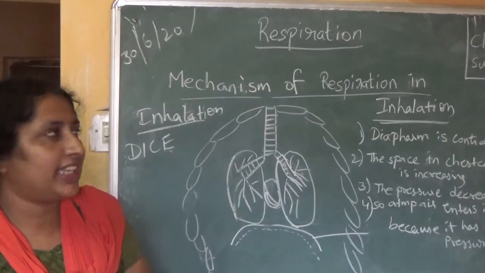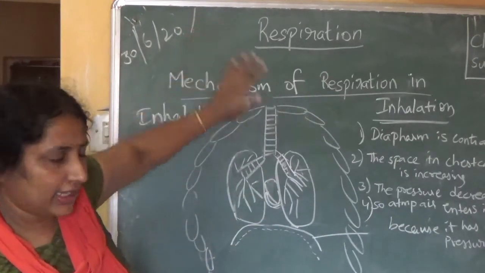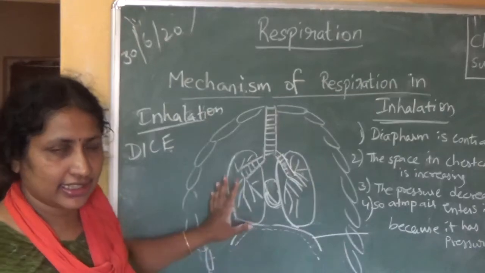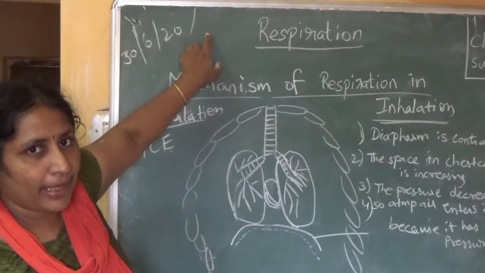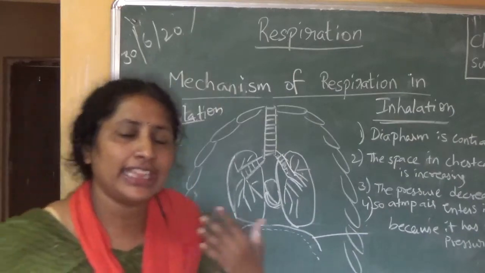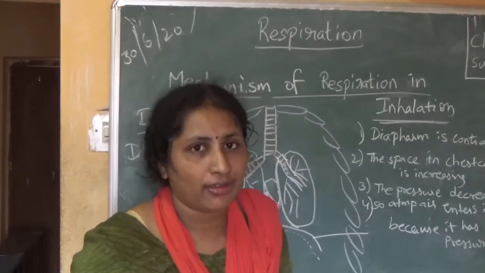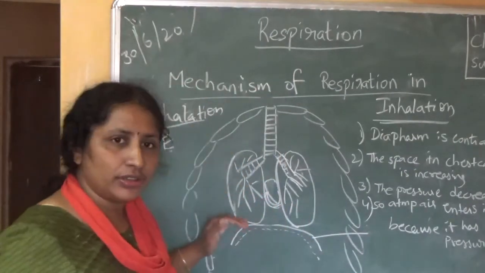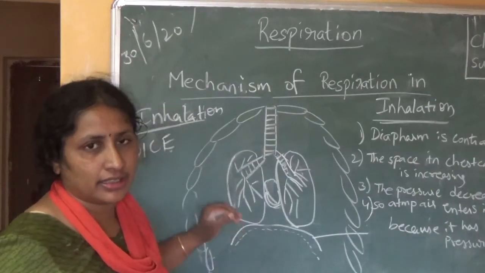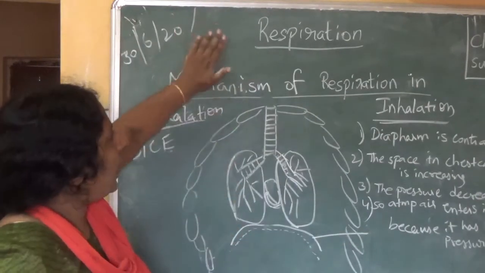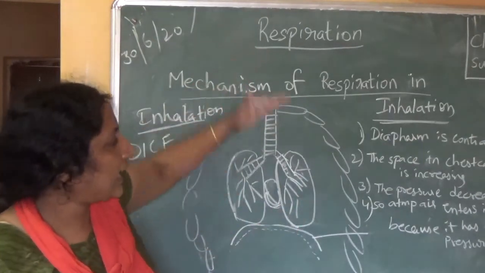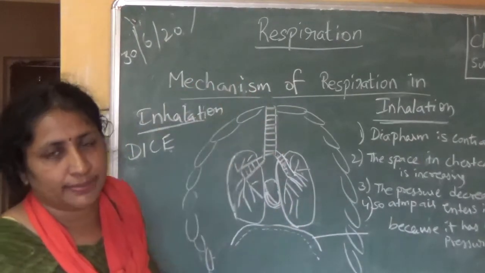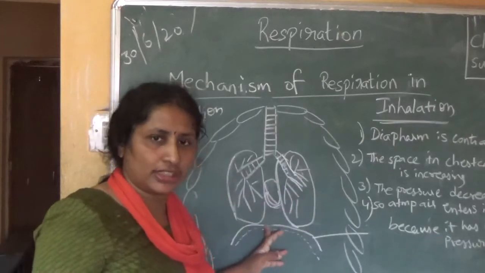As the pressure decreases in or near the lungs, in the atmosphere you have more pressure compared to the lungs. So air from more pressure enters to the less pressure. That's why air enters through the nostrils, because here the pressure is low.